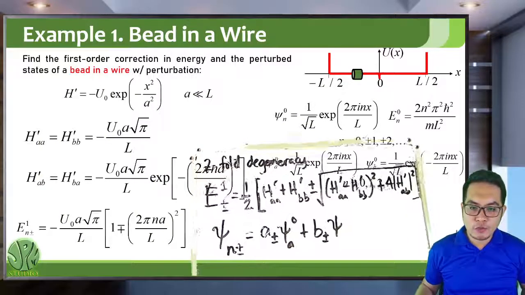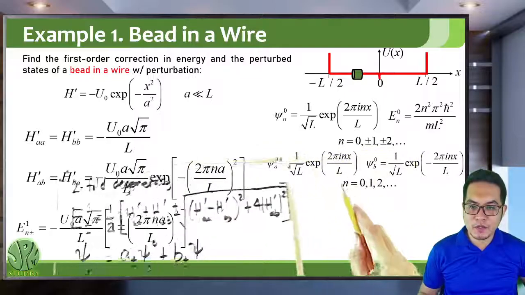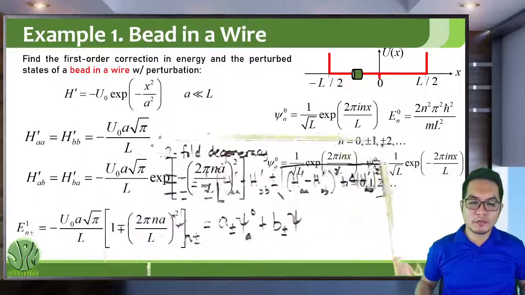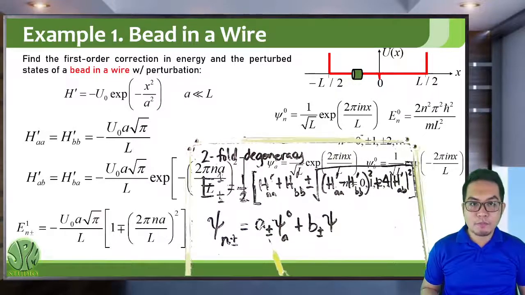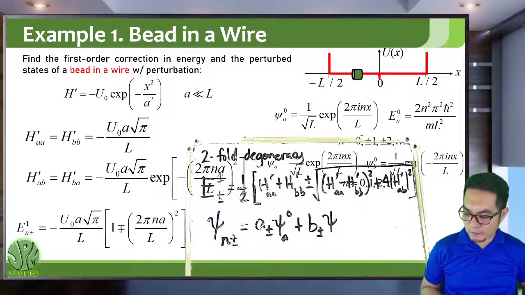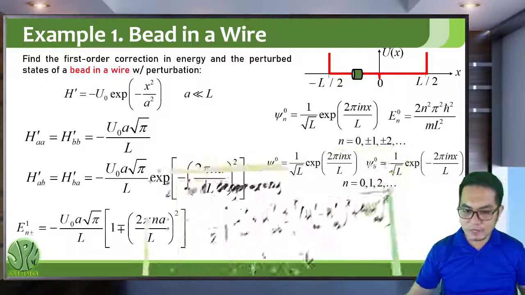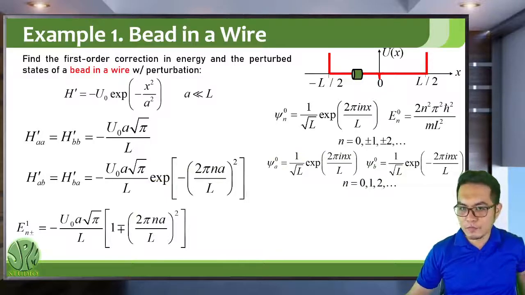It should be a linear combination of these two unperturbed states. So all we need to find are the linear combination coefficients, a plus and a minus and b plus and b minus. We will start with n plus, the upper state, or the upper energy level.